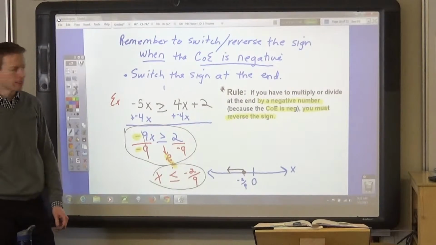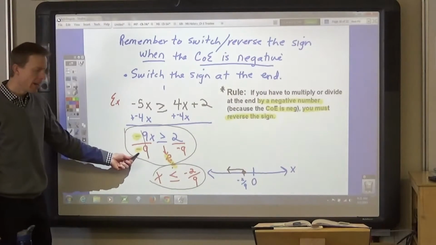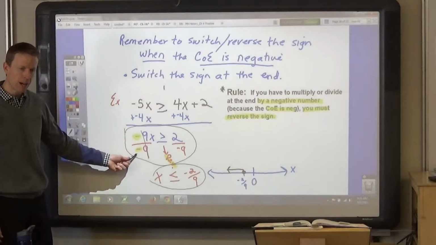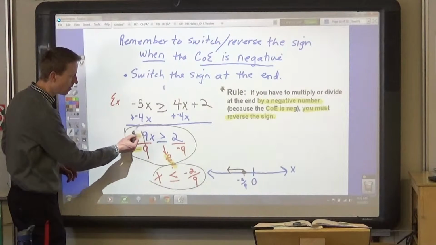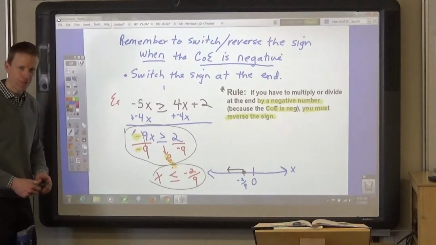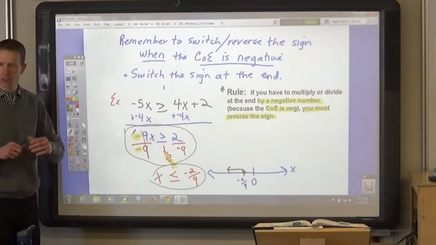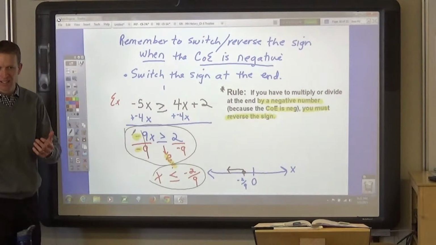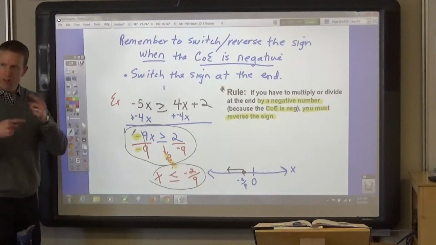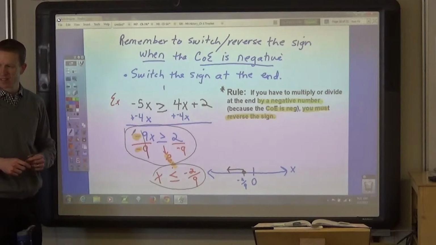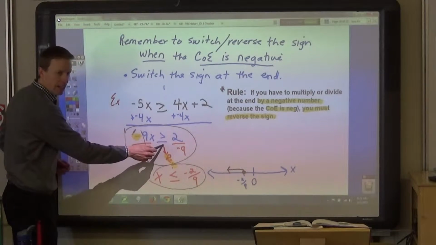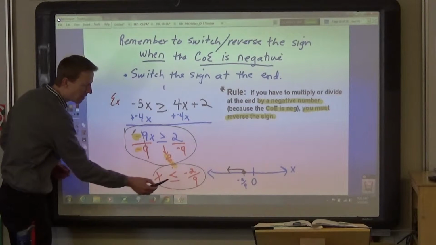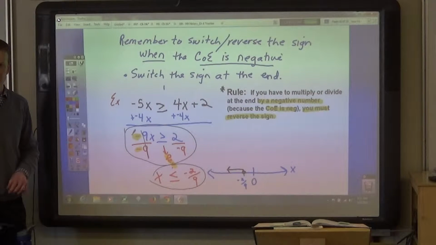You have to reverse the sign whenever you end up multiplying or dividing by a negative number at the end. So whenever the coefficient is negative, you're going to have to do what? Oh, reverse. Reverse the sign at the end. Okay? We have to flip it from the greater than or equal to sign to the less than or equal to sign. Okay?